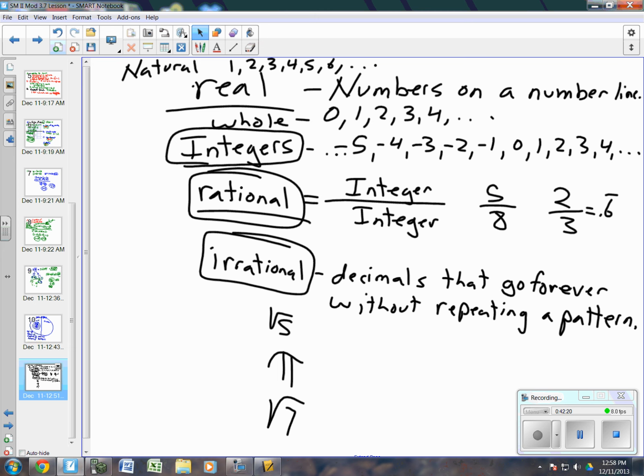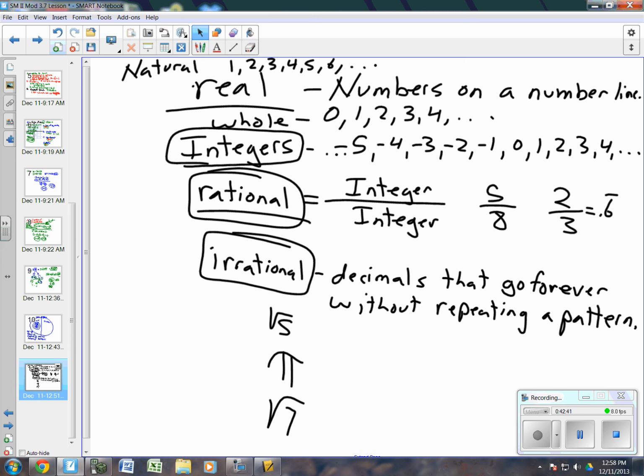Wait, what is 12? It crosses through 1, so 1 is one of them, and negative 2.5. But that's the same thing as negative 5 over 2. Negative 5 divided by 2 is 2.5. So they're rational numbers, because rational numbers are an integer divided by an integer.